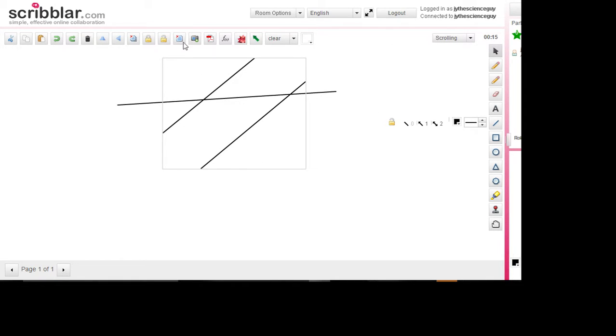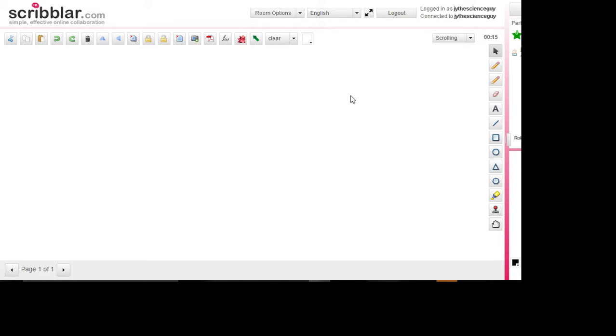Let me try that again. So here are the lines. The lines go like this. Okay. So what's it saying to us? Line ES is parallel to line FT. So I'm going to just do that.